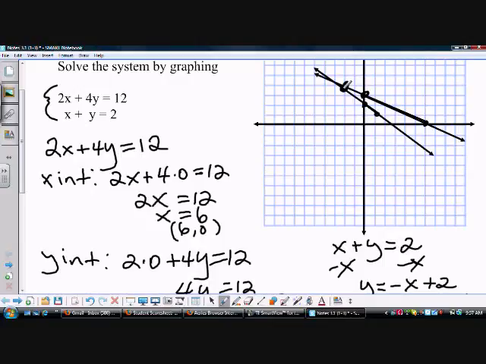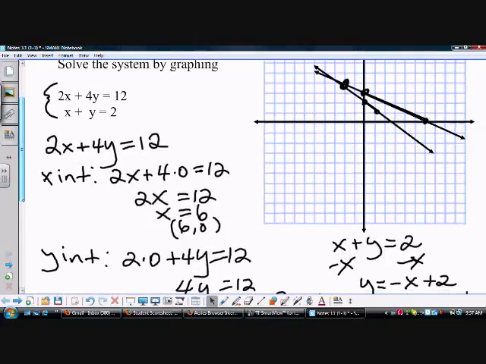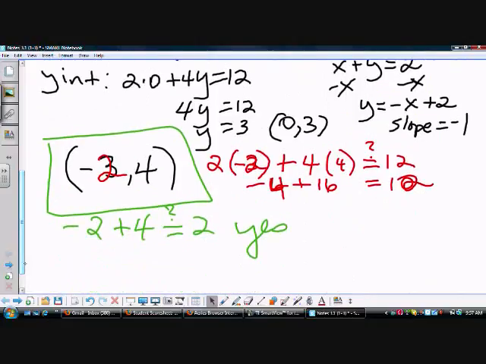So when you graph them, you don't always get an exact answer, and you don't always get the right answer if you don't graph very carefully. And I thought I graphed pretty darn carefully, but I guess I did not. So that's why you go back and check. Obviously, we have algebraic ways to get the exact answer, so we're not going to worry about getting a really good graph past today.